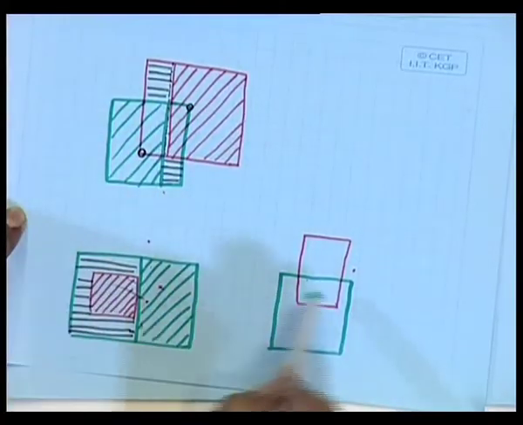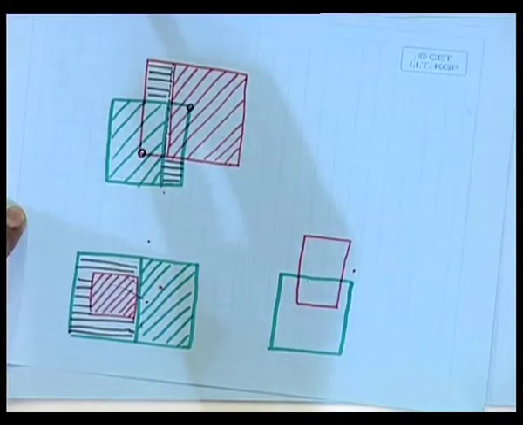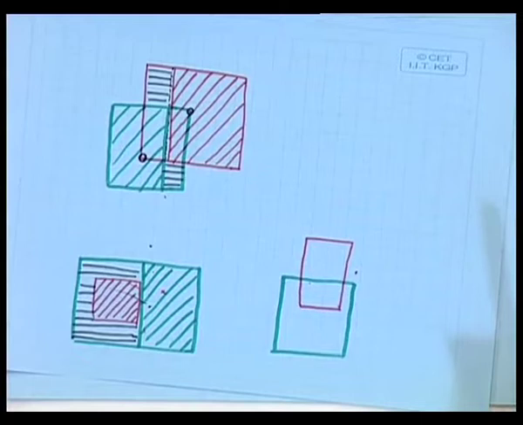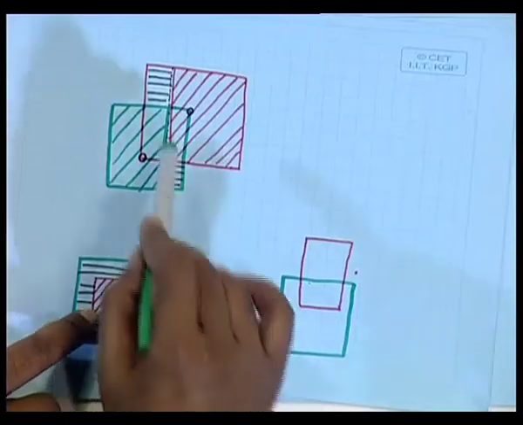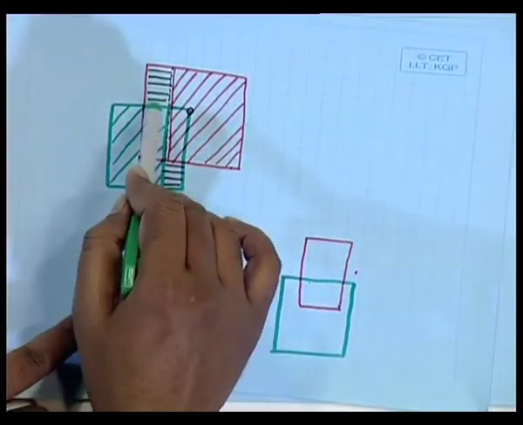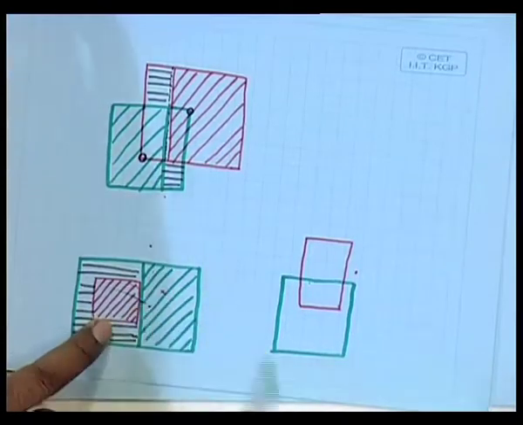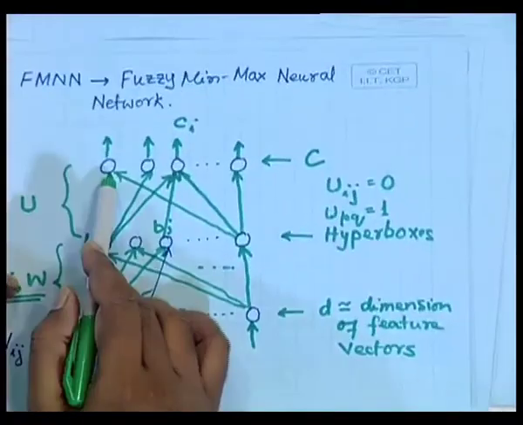So, to do this, for every such overlapped region or every such content region, you introduce a new hyperbox or a new node in the hidden layer, which are called compensatory neurons. Whenever an unknown sample falls within these types of regions, in the overlapped region or the content region, then only that compensatory neuron will be active and it will act as a modifier of the fuzzy membership computation of the output layer node over here.